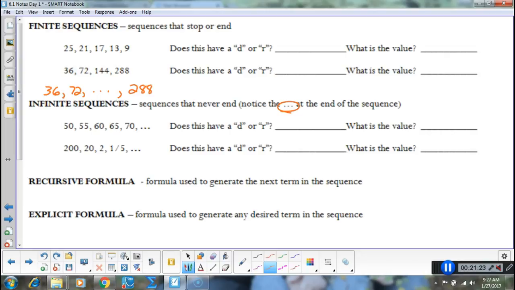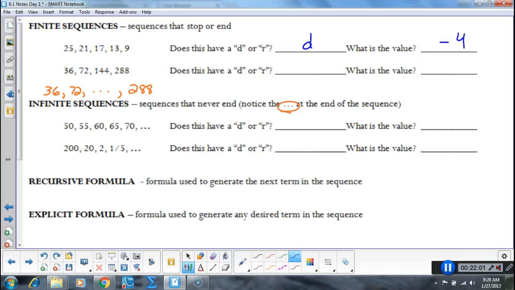So, finite sequences come to a stop or an end. Looking at the first one, let's work top to bottom. So 25, 21, 17, 13, 9. Is that a D? D is common difference, R is common ratio. D is adding, R is multiplying. Is that a D case or an R case? D. And what is D? Negative 4. In the second one, D or an R case?